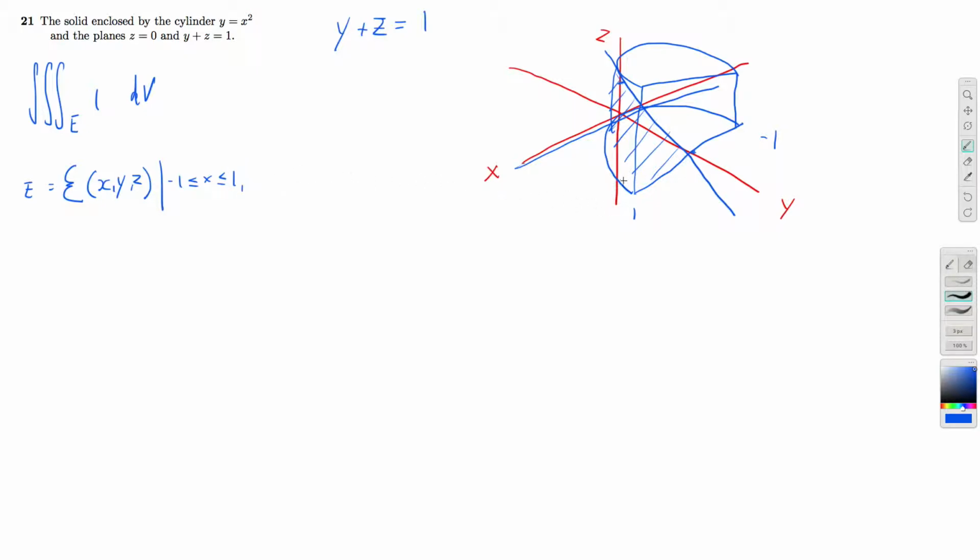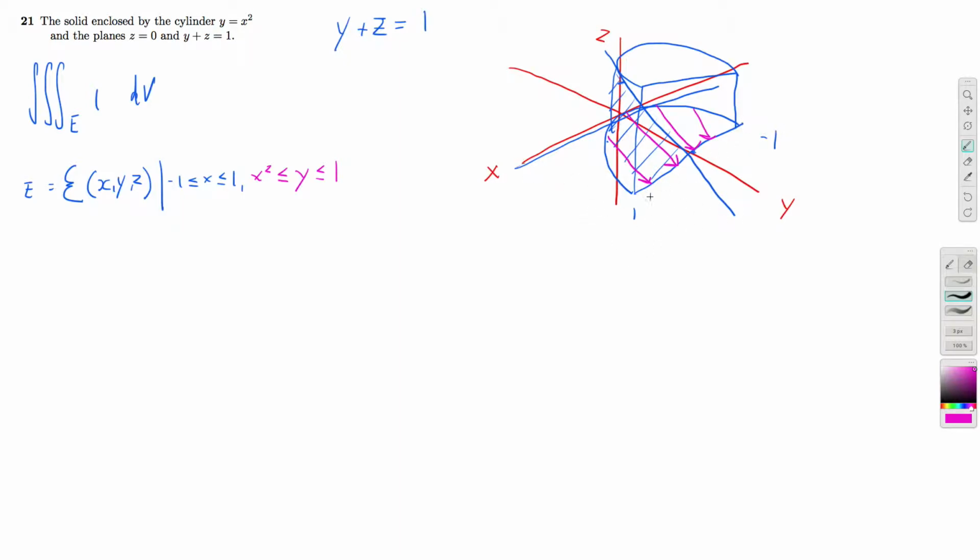Y, what's Y equal to? Well, now this is tricky. It's equal from x squared to this line, isn't it? That's what y is equal to. So it's going to be x squared less than or equal to y less than or equal to 1, isn't it?